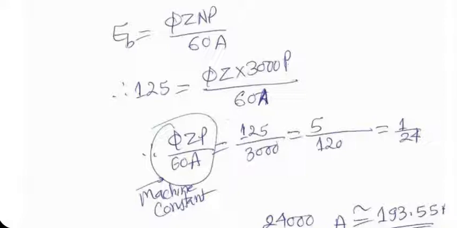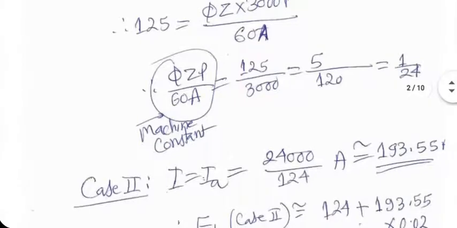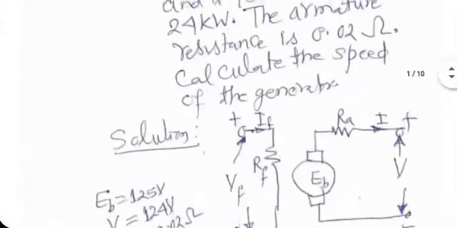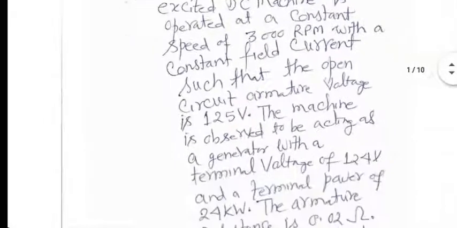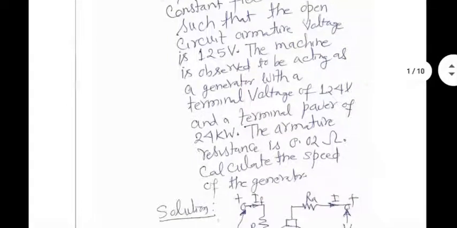Then phi ZP divided by 60A can be calculated from this given information as 1 divided by 24. This was the case to begin with when it was generating 125 volt and nothing was connected. Now the machine is loaded and it shows a terminal voltage of 124 volt and an output power of 24 kilowatt. That's the second case.